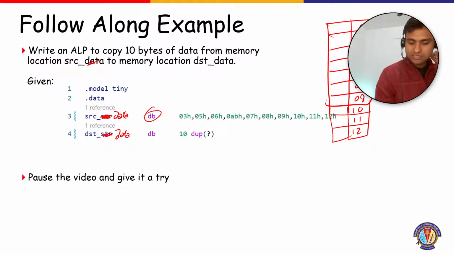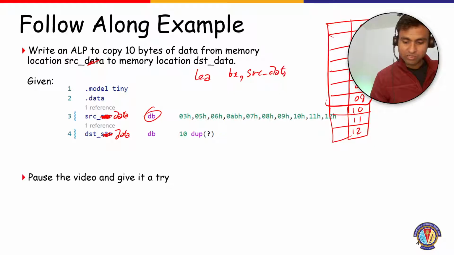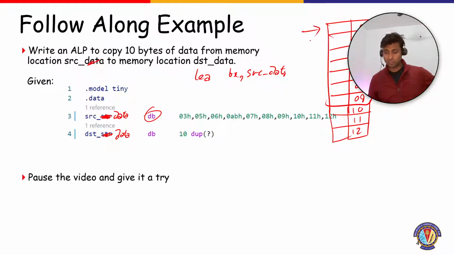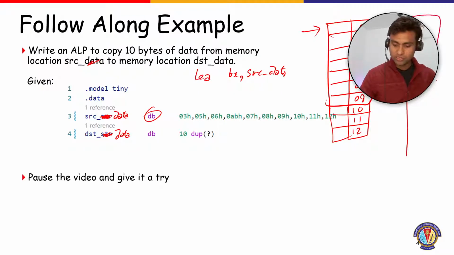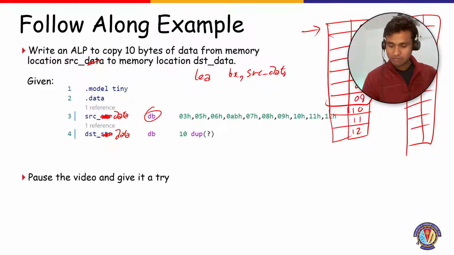If I do a load effective address and store source data in the bx register, then what bx will contain is the memory address of this first location. What I have to do is copy 10 bytes of data from this source data to another memory location pointed to by destination data.